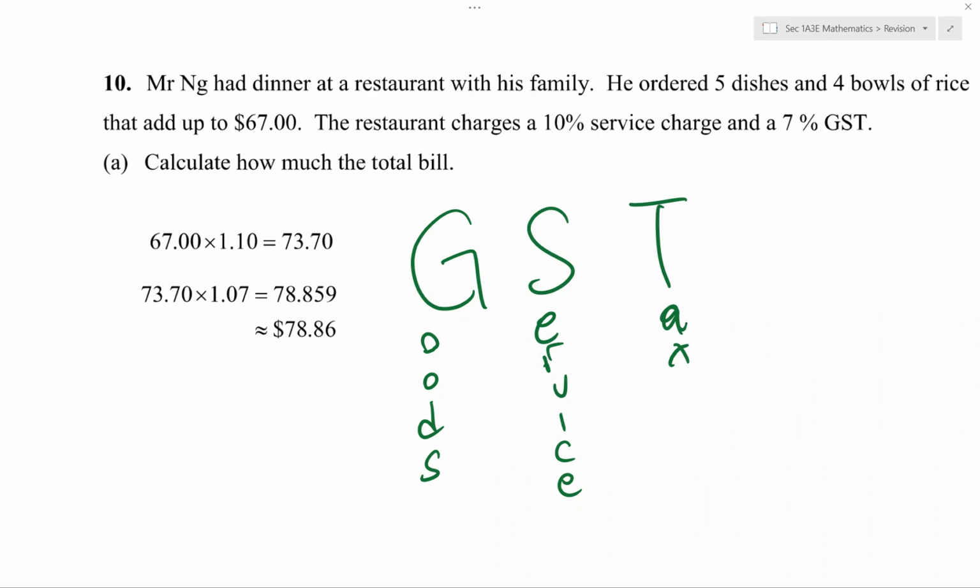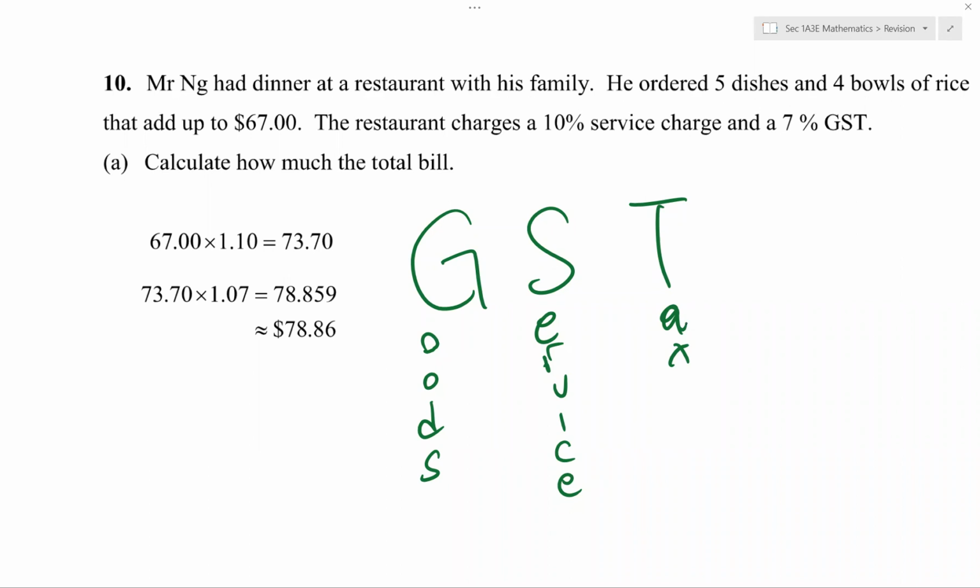Let's say you go to Toys R Us, you buy a toy as a gift for your friend, whatever. Then you need to pay GST, 7%, on top of what is on the price tag. However, when it comes to a meal in a restaurant, you have to pay the price of the plate of chicken rice, for example, expensive chicken rice.